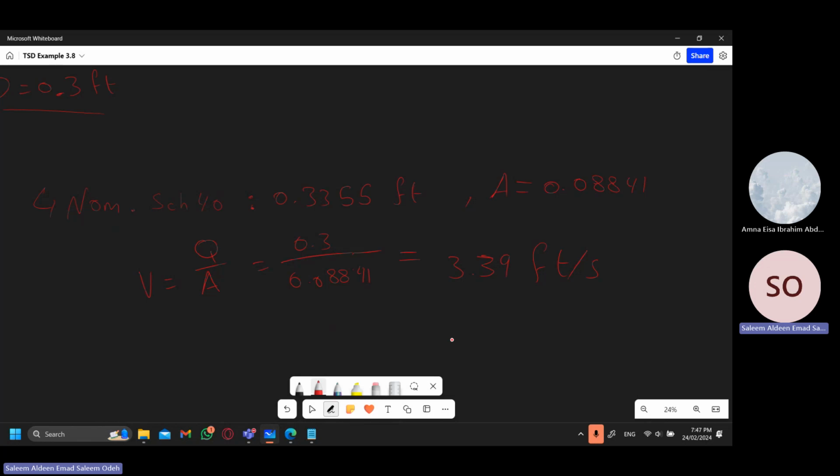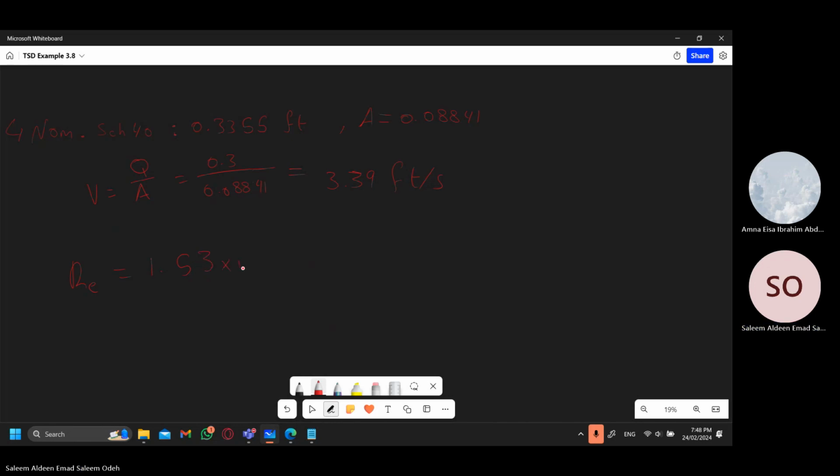What we will do with this information is get the Reynolds number. We will plug this velocity into the original equation to get the Reynolds number, which is 1.53. We will get epsilon over diameter, which is 0.00253. We'll also get the friction factor from the Moody diagram. Then we'll plug all these values into our original equation, the modified Bernoulli equation, but this time we are checking for the pressure.